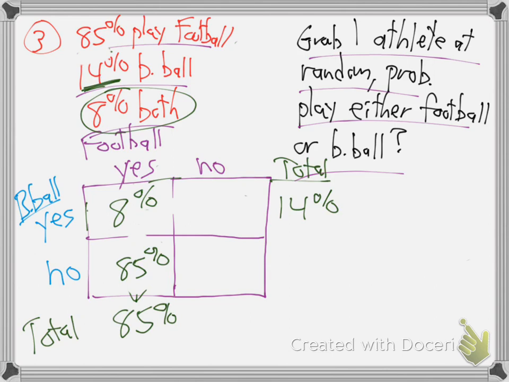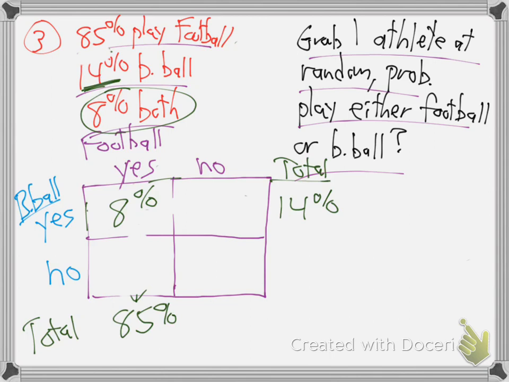If I say to you, they play football, they could play both sports. I'm not saying they don't play basketball. We can't assume that. We would need additional information to be in that box. We would need to know that they don't play basketball. They haven't said that. So all I can put in for sure is the 85% total play football and 14% total play basketball and 8% play both are in the yes, yes box.